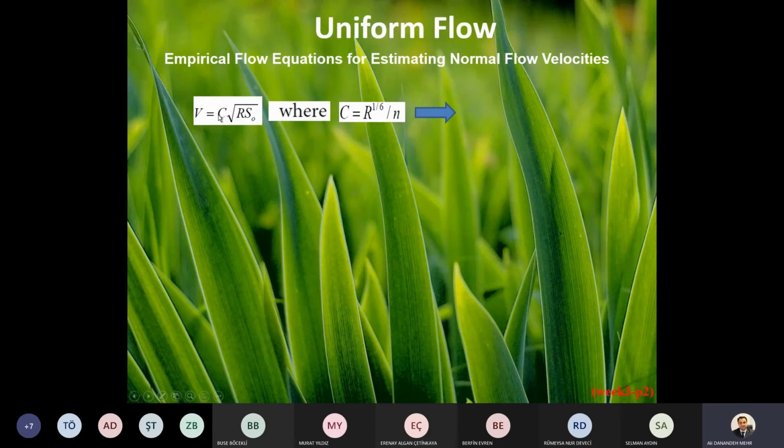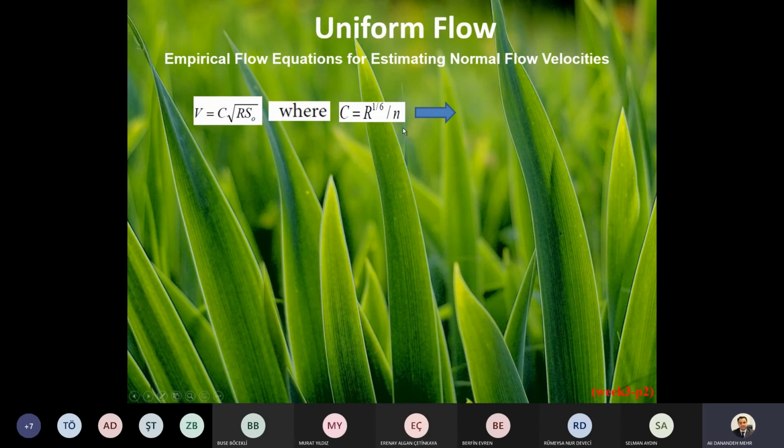Then he had these parameters, he had the measured velocity, and he found C based on those experiments, and he finally showed that there is such a relationship between n and C.